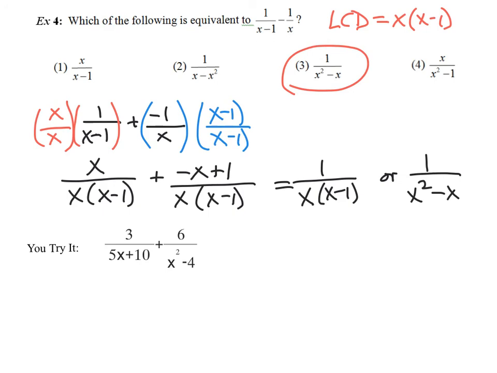Once I do that, I put together my like terms. So in this case, the positive x and the negative x canceled, leaving me just with a 1. Now this is one possible answer, but I saw that none of my multiple choice answers match that, so I went ahead and distributed the x times the x minus 1 to get choice 3 as my final answer.